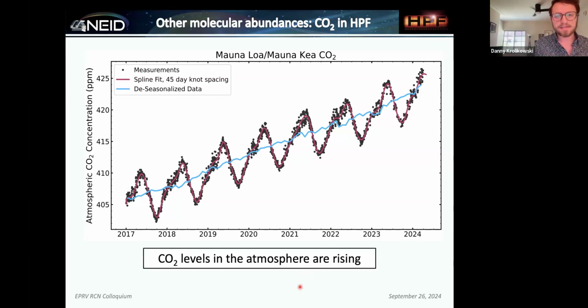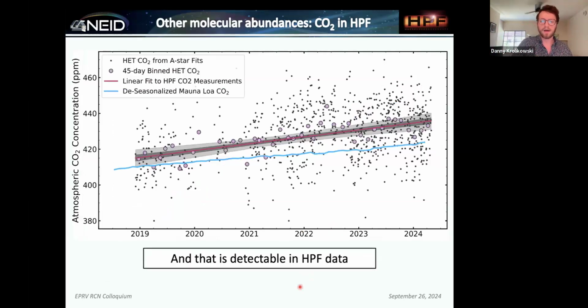The way we do this is we basically just read a value off of this plot. I have looked at fitting for the carbon dioxide concentration in HPF data. That is what's shown here in black, fits of carbon dioxide abundance in the atmosphere from A-star observations with HPF. You can see they're quite noisy. The CO2 band, while clearly present and visible, is not particularly strong, and it's overlapped by some water absorption, so fitting for it is quite difficult.